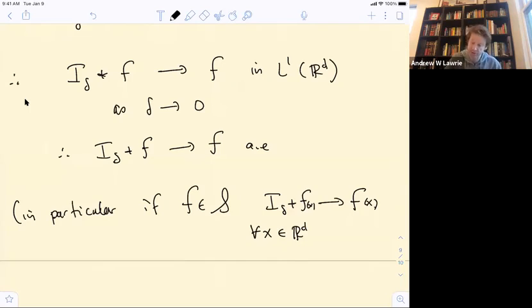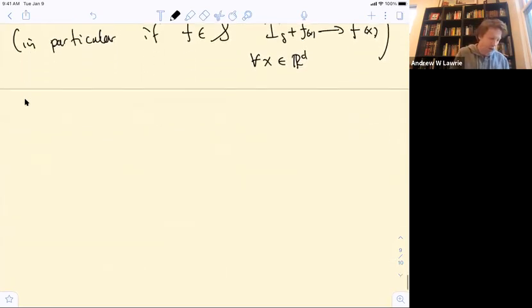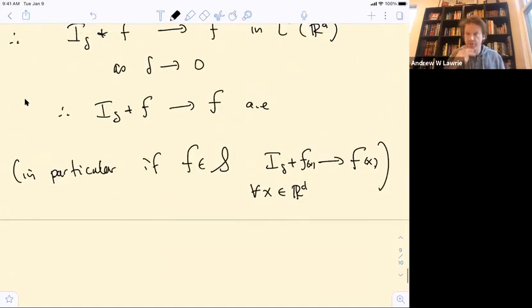But particularly for Schwartz functions, the inversion formula holds for every x. So it holds in L1, it holds almost everywhere, and if you have any continuity of f, then it holds everywhere. Okay, so any questions about this proof? This was pretty tricky.